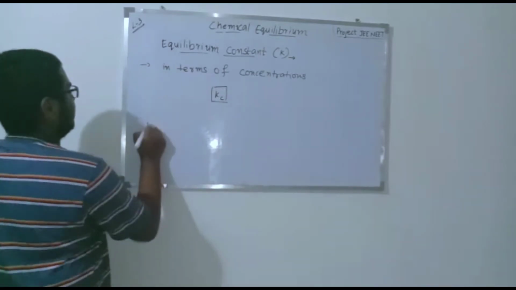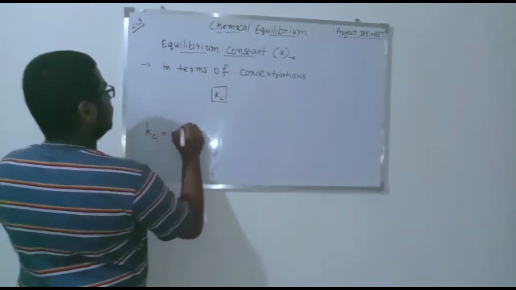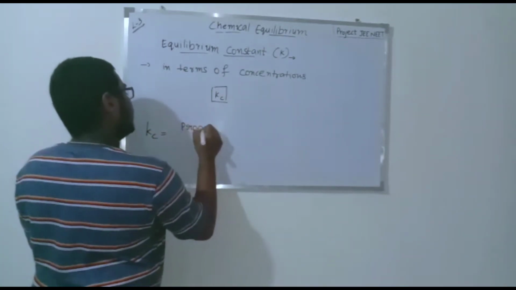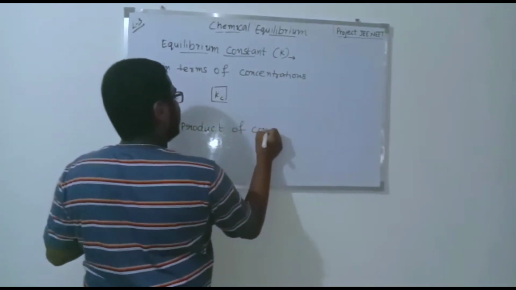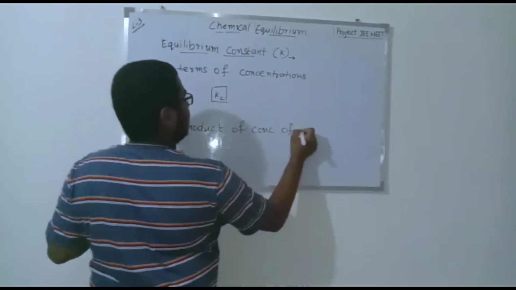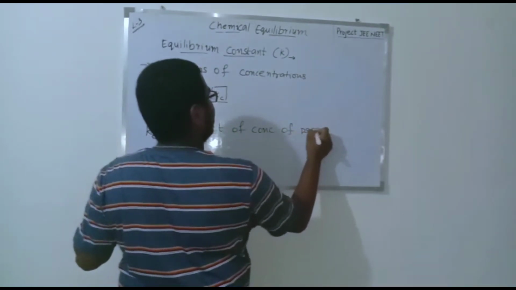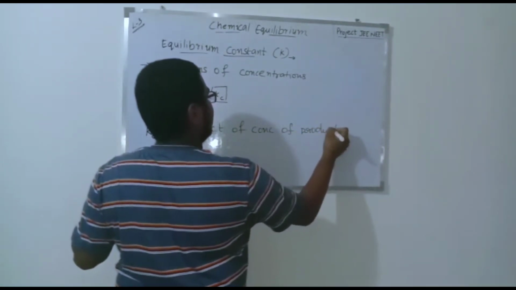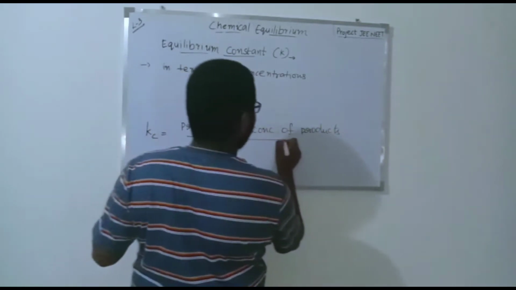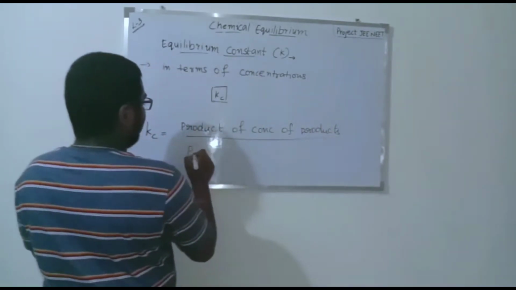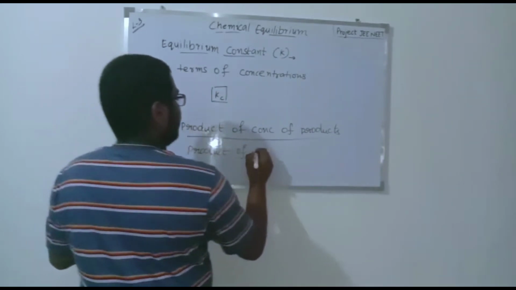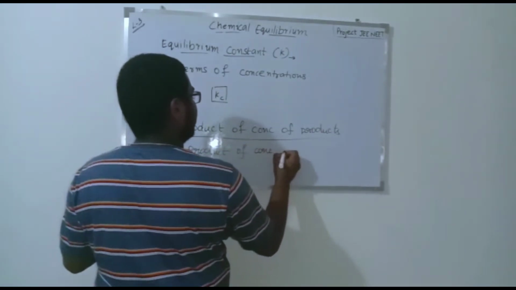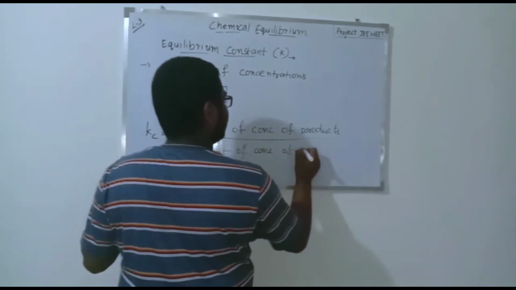Let's see the formula here. Kc is equal to the product of concentrations of products divided by the product of concentrations of reactants.